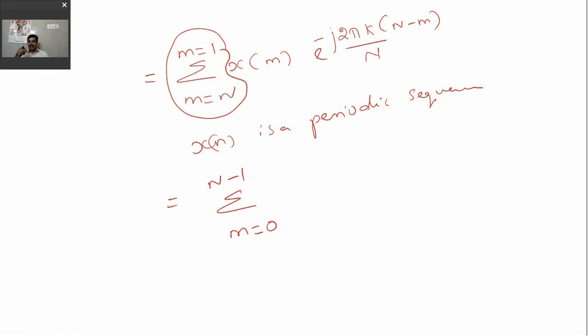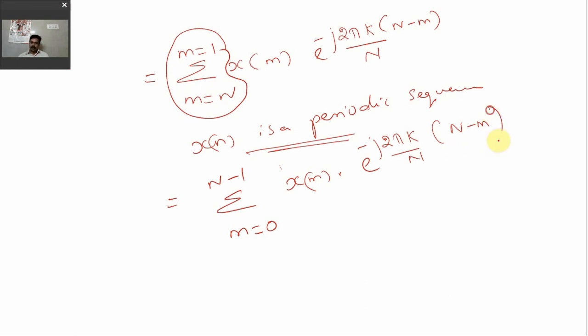So we are changing the summation like this, and you'll be getting x of m into e to the power minus j 2 pi k by N into (N minus m).